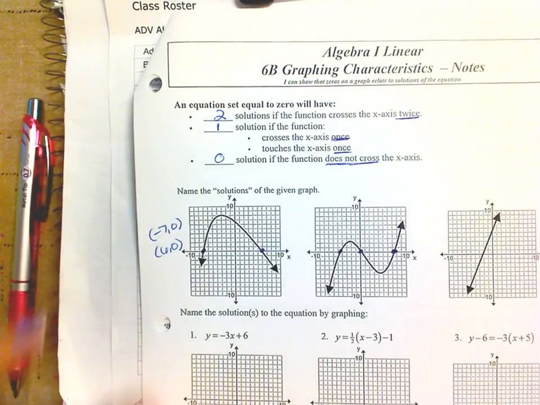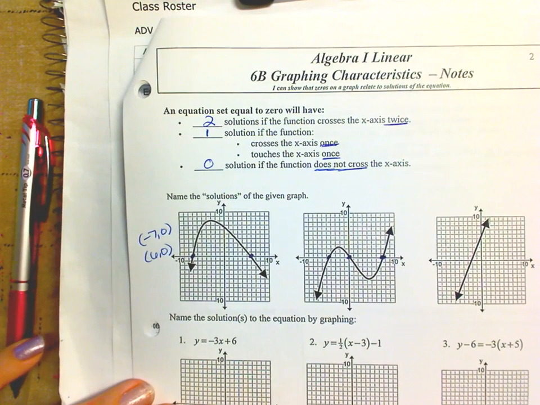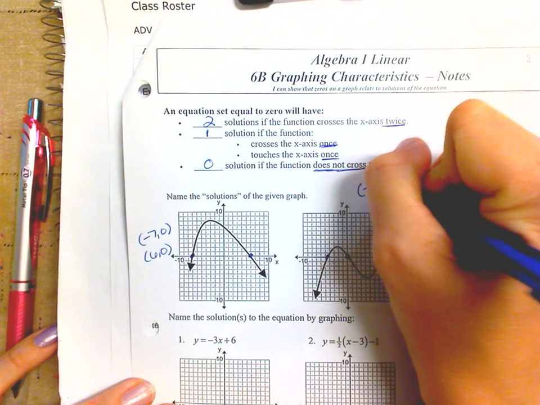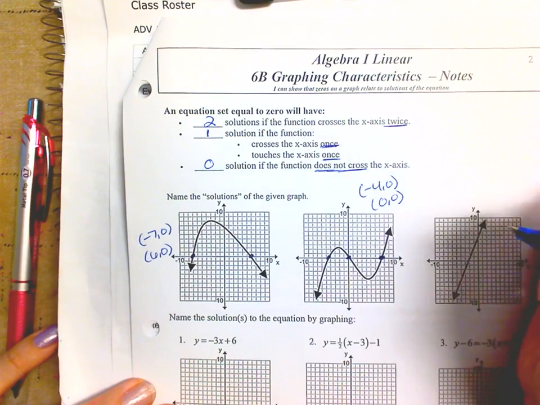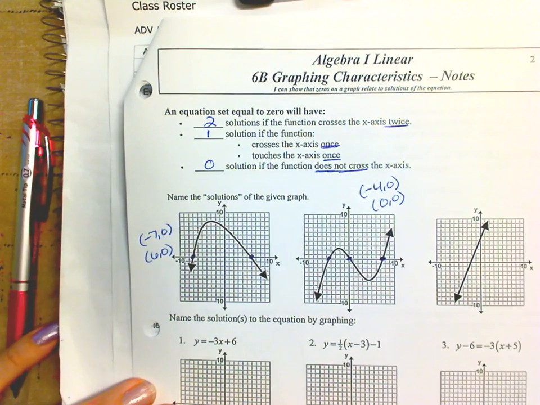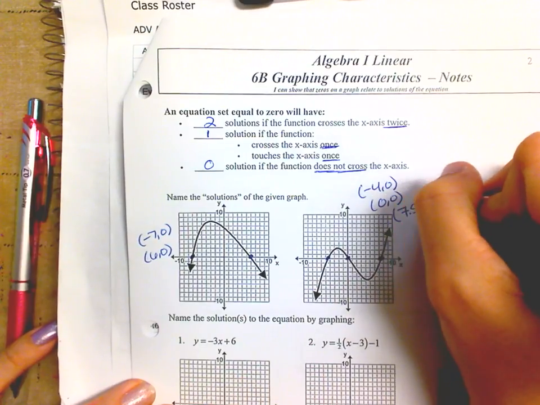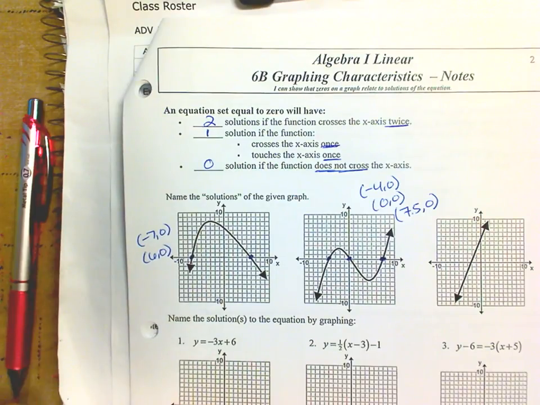So wherever I put the point is your solution. And these don't look exact, but as we sometimes do, we're just going to say about -4, 0, almost on the origin, so 0, 0. And then this one, it doesn't look exactly at 7 or 8, so I'm going to go 7.5, 0. I think it's more off than the other ones.